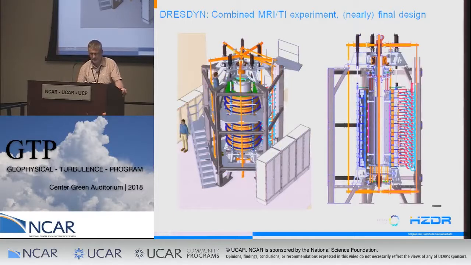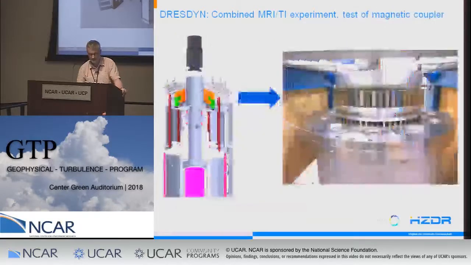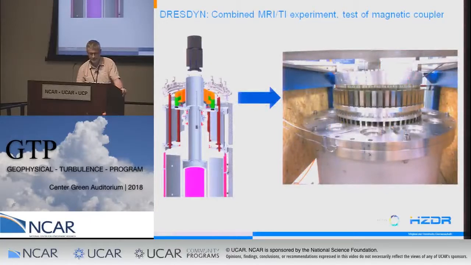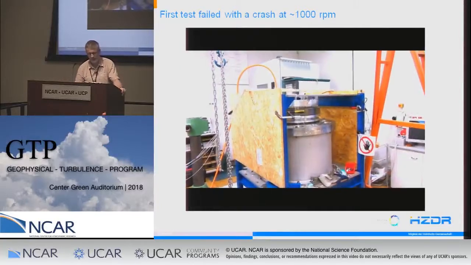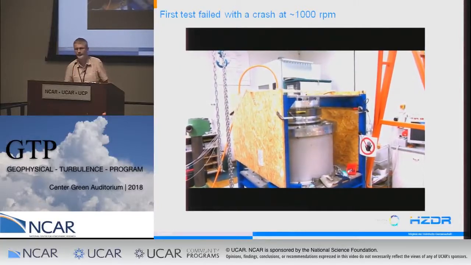So here is the more or less final design of the experiment. You see it's also a huge machine, and here is one of the technical sophistications. We have developed a magnetic coupler in order to have no problems with the ceiling or whatever. Here was a first test of this.